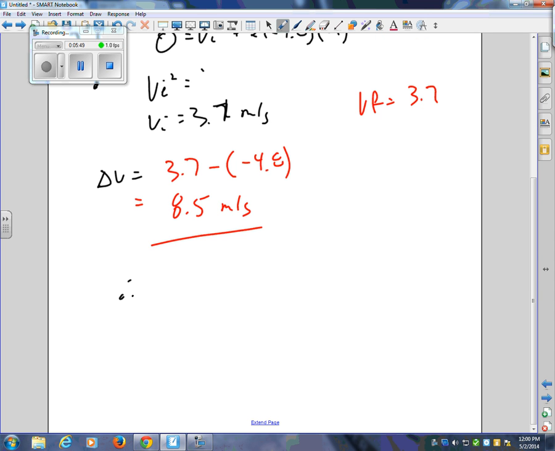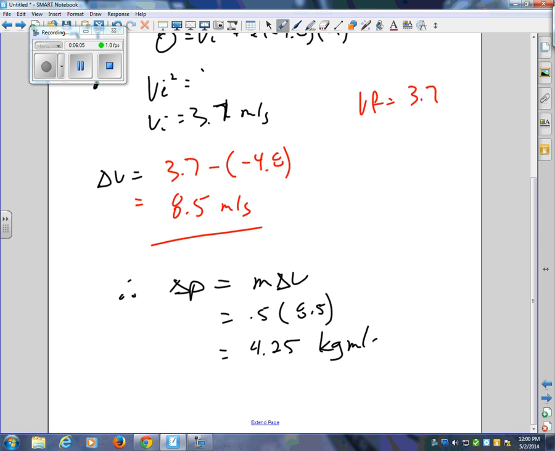Therefore, the delta P, the change in momentum, is m delta V. So we've got 0.5 times 8.5. The change in momentum is 4.25 kilogram meters per second, right? That's the change in the momentum. And the question asks, what's the magnitude and the direction of the impulse?